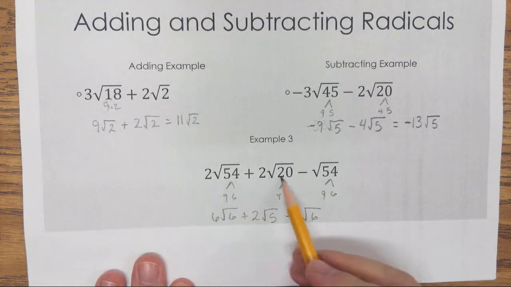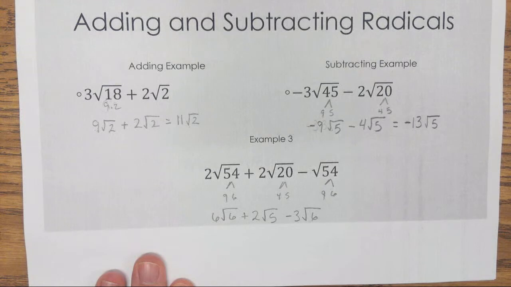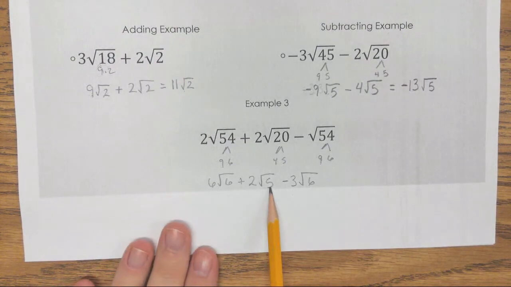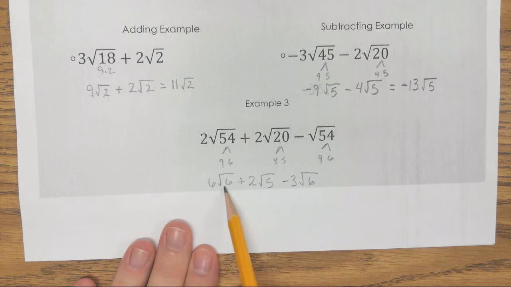So remember, we simplify these first as much as I can. Then I'm going to add or subtract the ones that have radicands that match. Well, this is a 5. It doesn't match with either one of these, so I can't combine that with anything. But I've got this one and this one that has the 6 as the radicand.